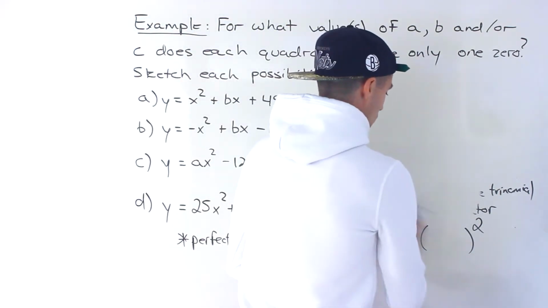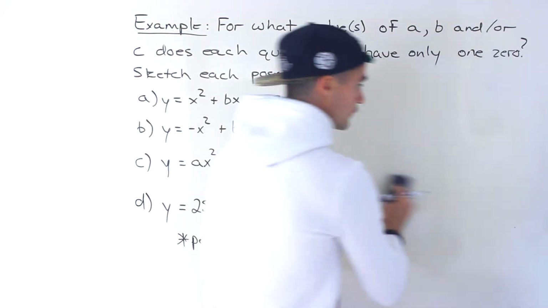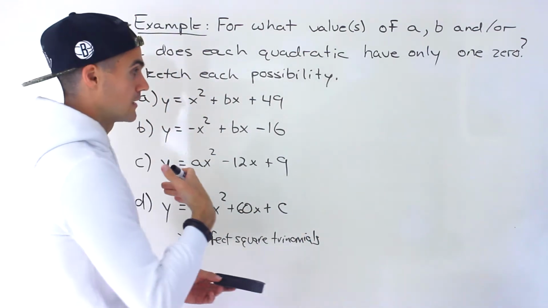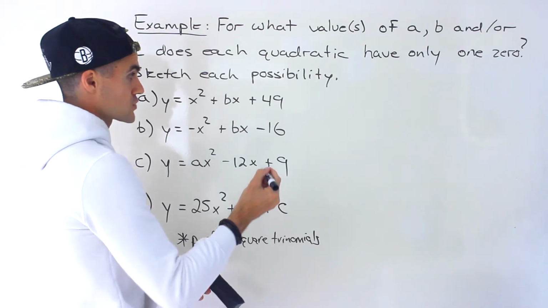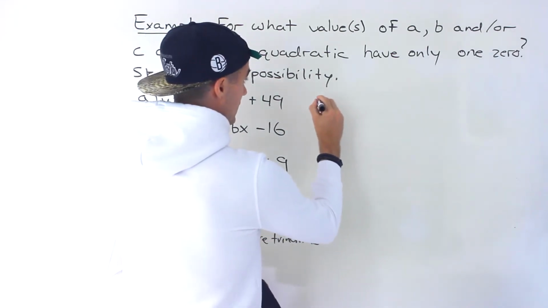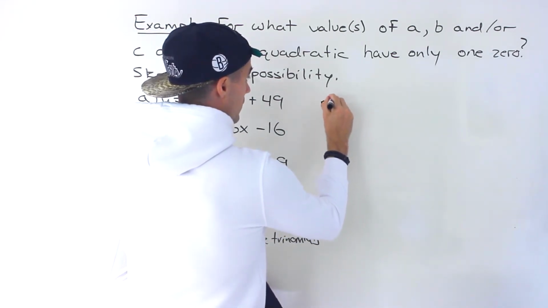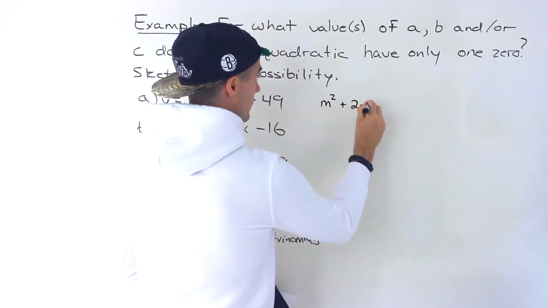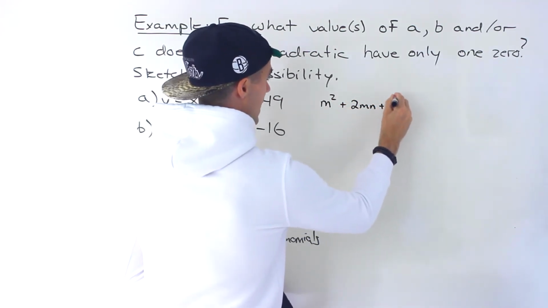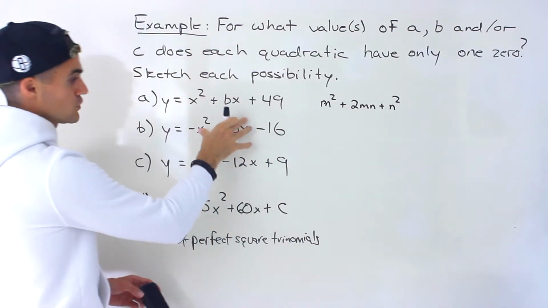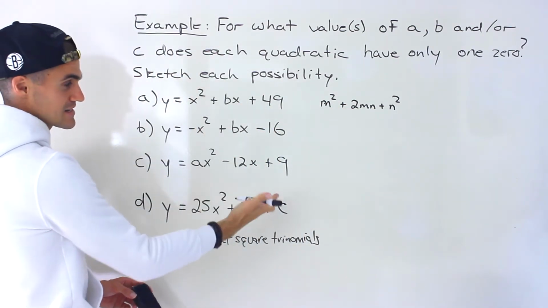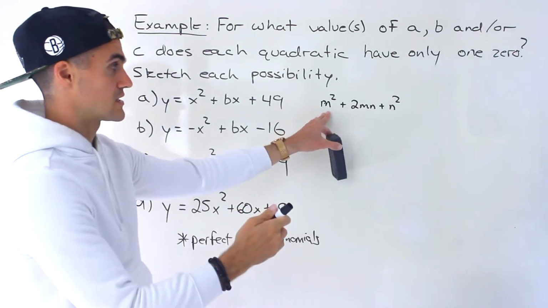Now, with a perfect square trinomial, we've gone through this in previous sections. Remember, there are two cases for a perfect square trinomial. You can either have m squared plus 2mn. When we went over this, I may have actually used a and b here, but I don't want you getting confused with these a, b, and c values, so I'm just going to use different letters here.